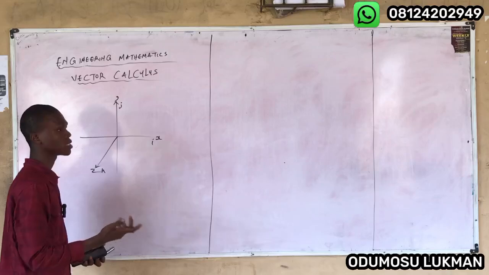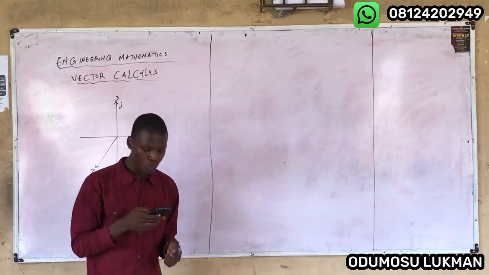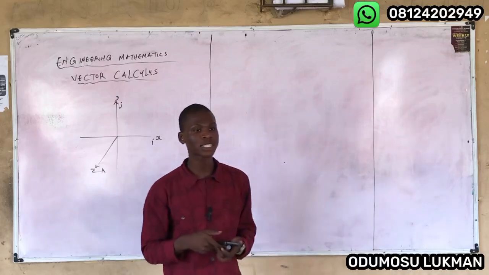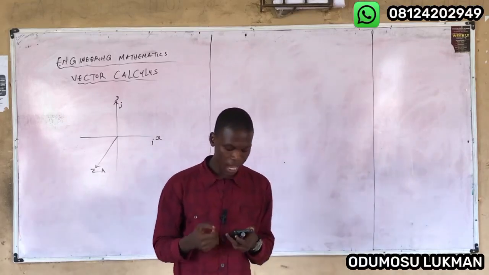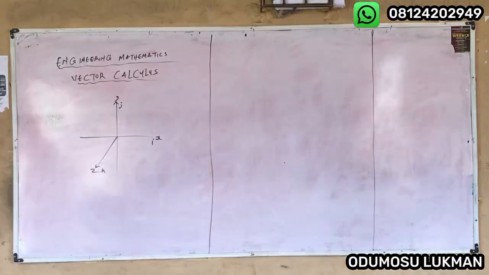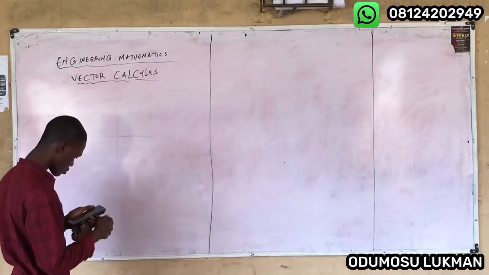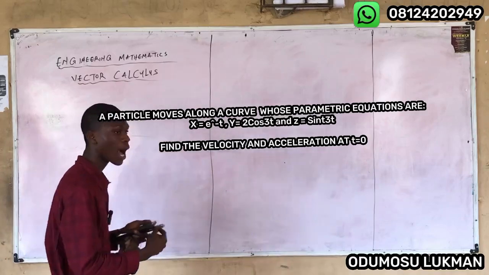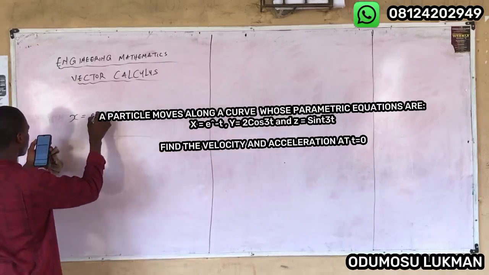Now let's take this example. They said a particle moves along a curve whose parametric equations are what we have on the board here. x equal to e exponential minus t.